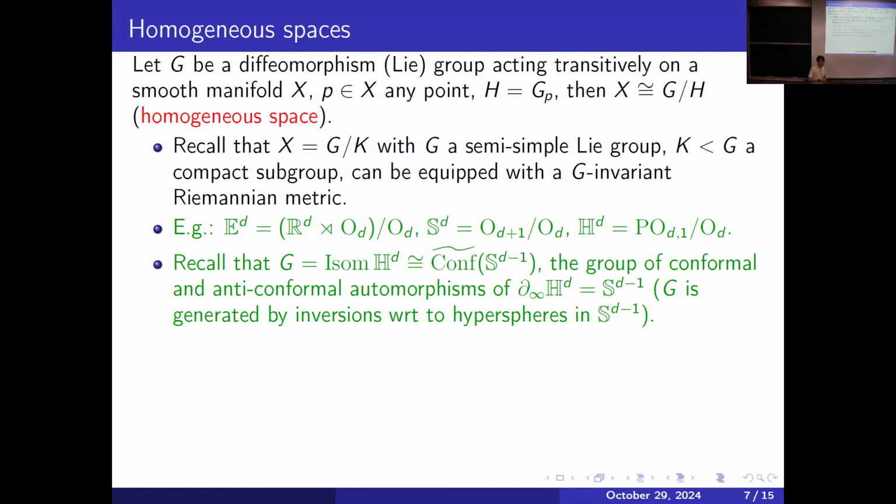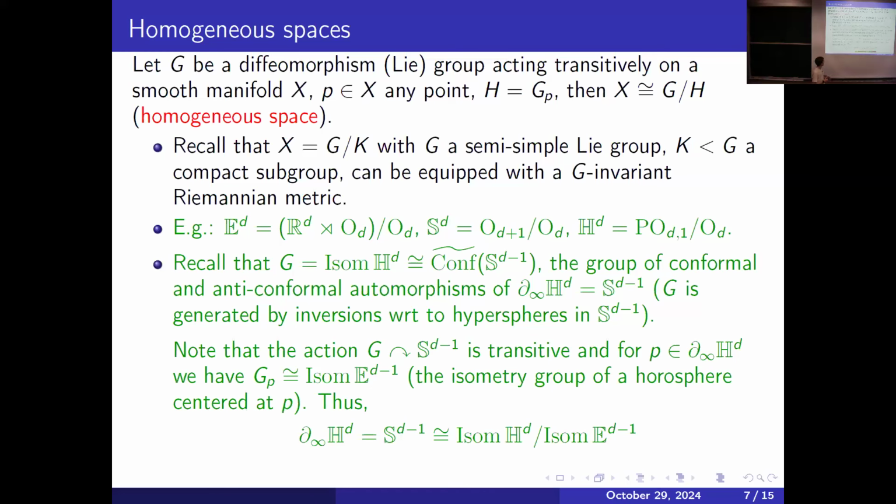Remember that for being conformal in our definition, the differential should be a composition of some similarity and an orientation preserving isometry. And inversions give you, in the differential, orientation reversing isometries. So that's the idea.